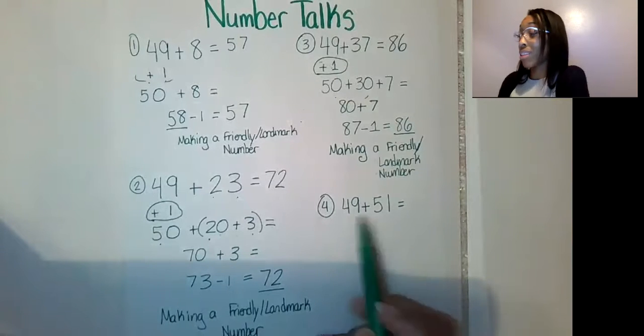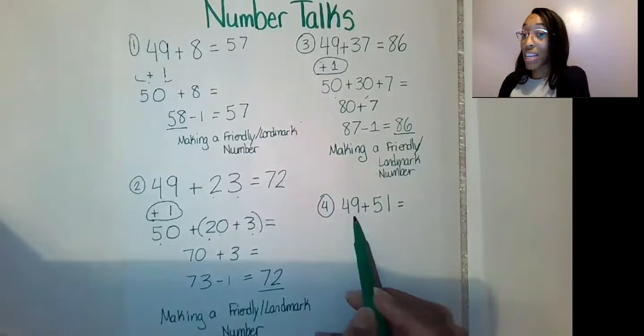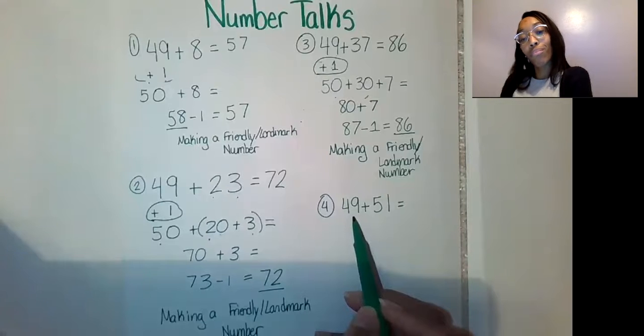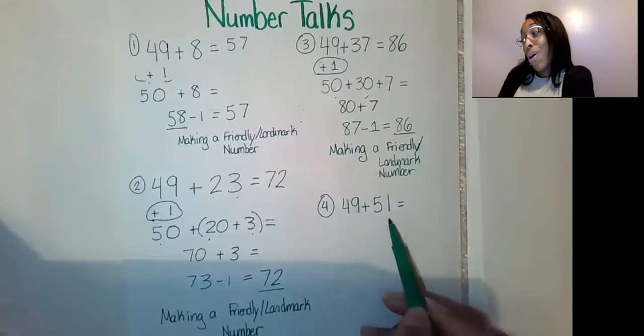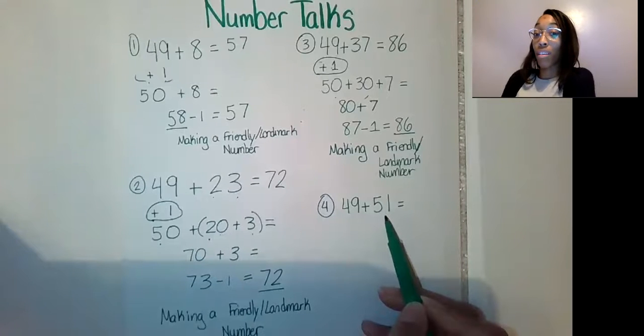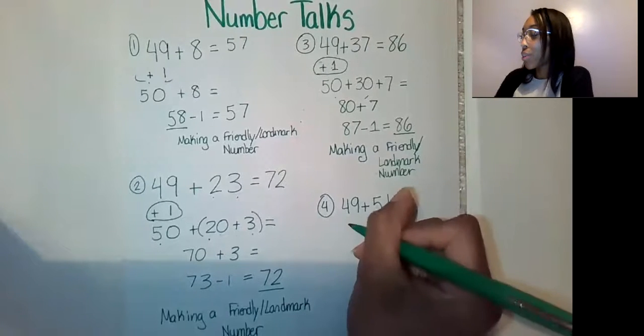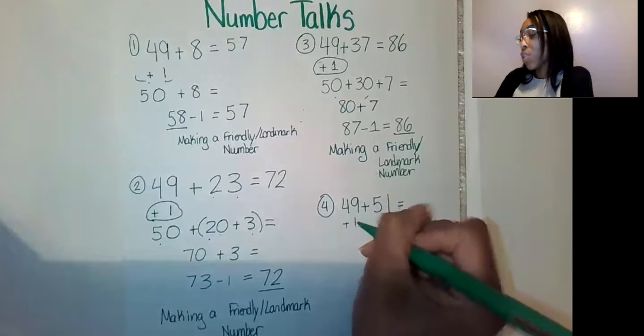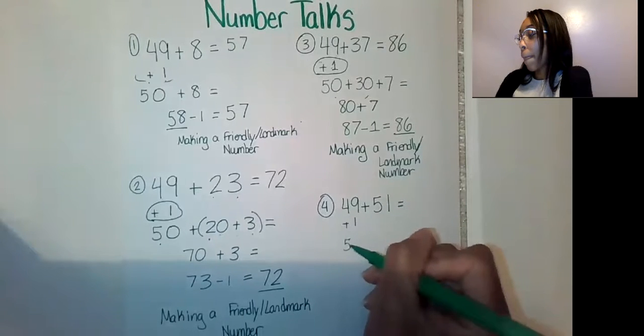And I also see another number, that 49, that has a 9 in it. It's really close to a friendly number. I could also bring this to a friendly number. Ooh, I might be able to do that, but I don't want to get confused yet. So let me focus on getting one of them to a friendly number.